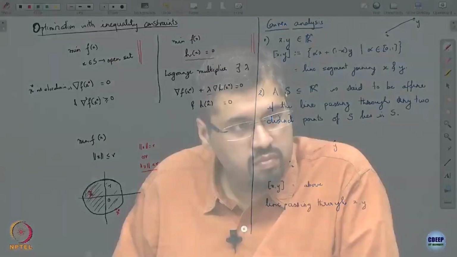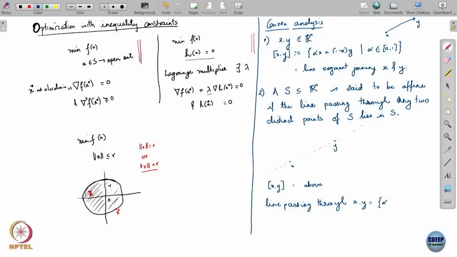Yeah, the line passing through x and y is all points like this, alpha x plus 1 minus alpha y, where alpha is any real number. Alpha can be positive, negative, greater than 1, less than 1, it does not matter. So it of course contains the segment, but it also extends beyond x and beyond y. So that is this line.